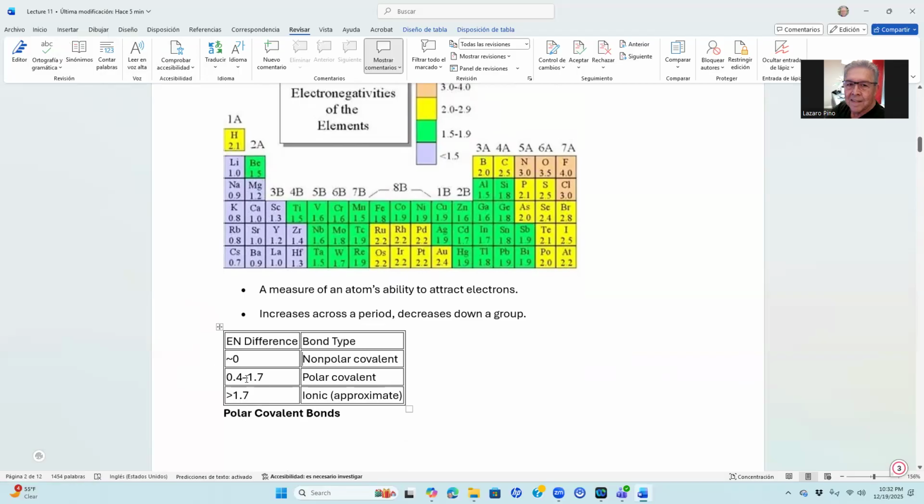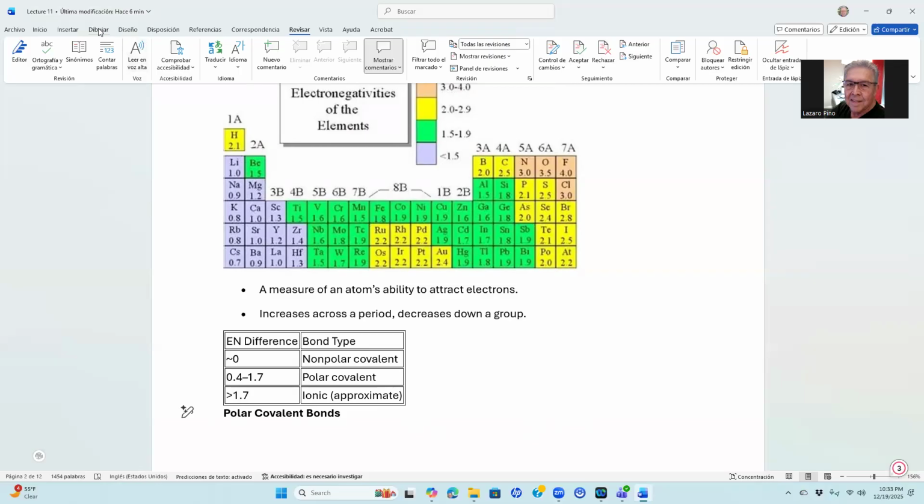When the difference is between 0.4 and 1.7, the bond is polar covalent. And when it is higher than 1.7, it is ionic. Some authors change this to 1.8, some say it is 2, but more or less this is what we have.